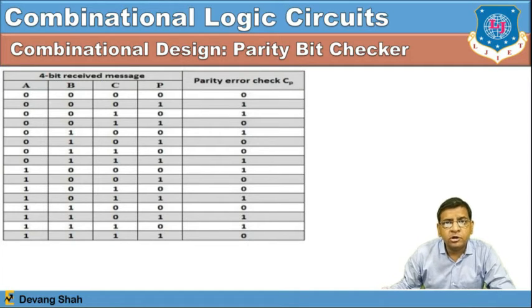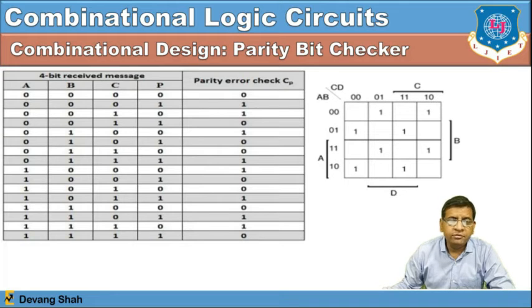So from this particular truth table you can easily define a K-map, and from that, for AB you can have a sequence of 00 01 11 10, and for CD you can have a sequence of 00 01 11 and 10. From that, the corresponding ones you have to put in those particular boxes, and then find the maximum group of ones in this particular K-map.